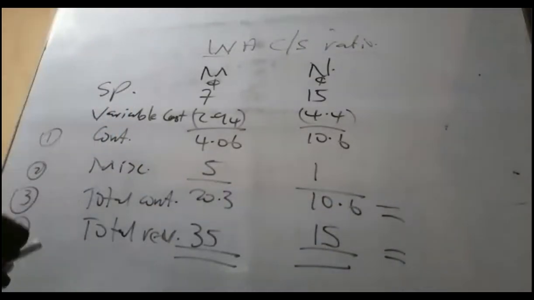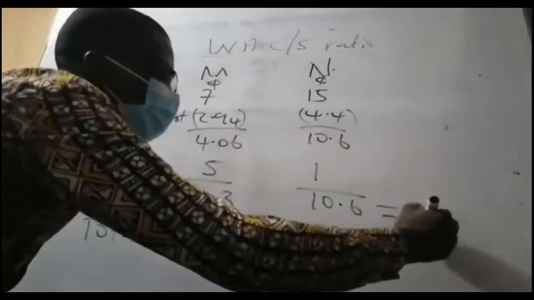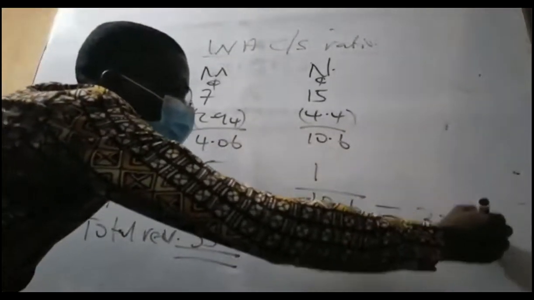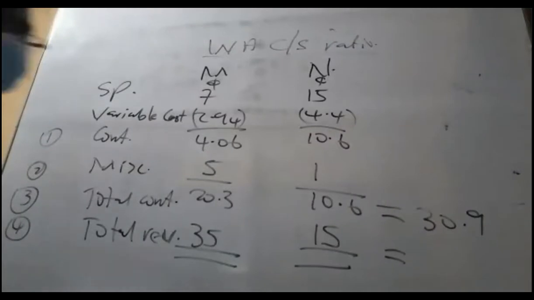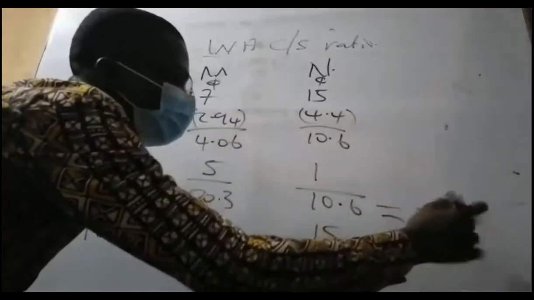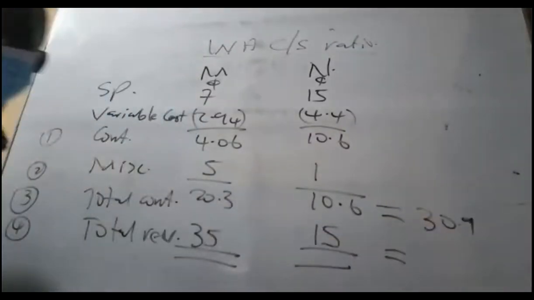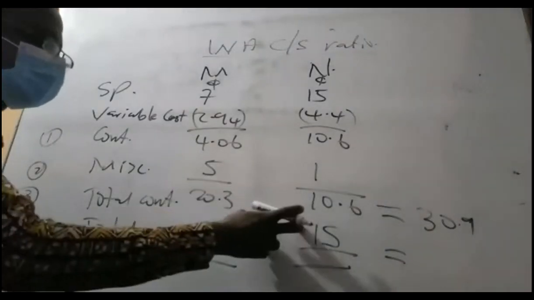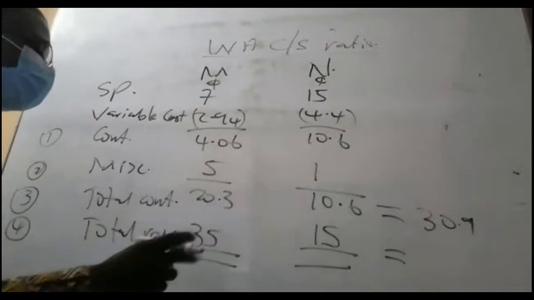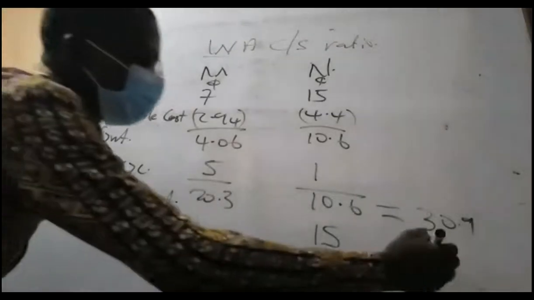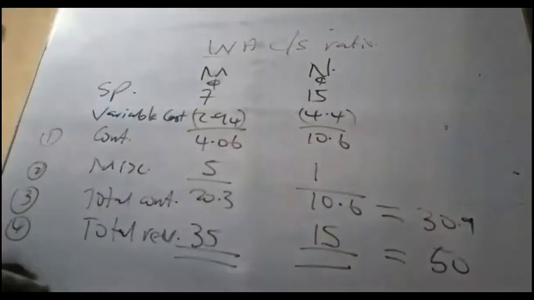We already had the total contribution to be 30.9. Then let's add 15 and 35. That'll give us 50. That is all.